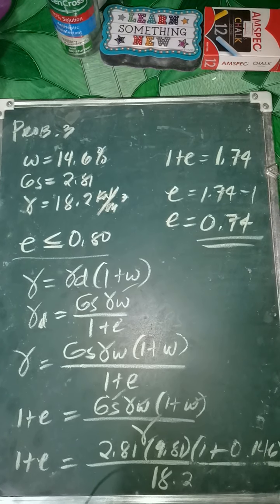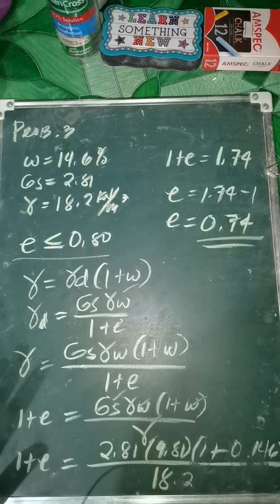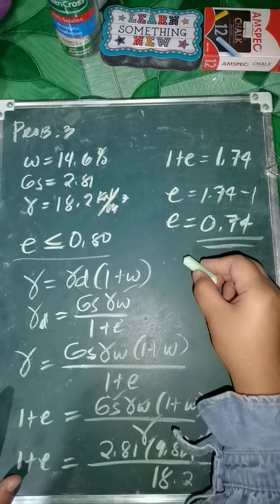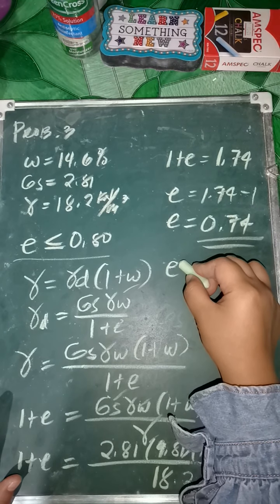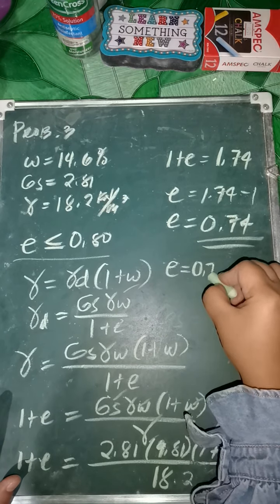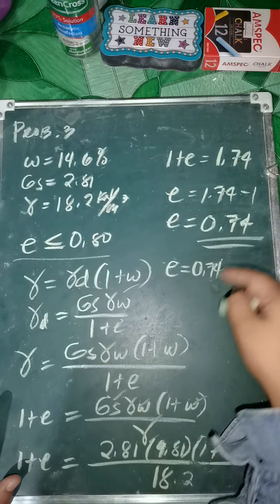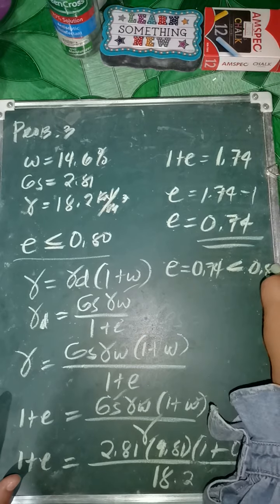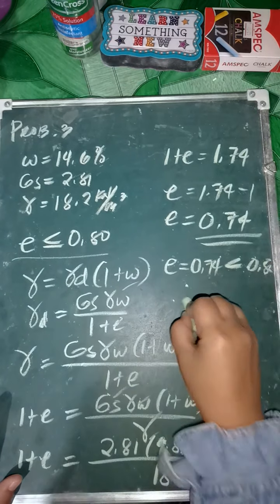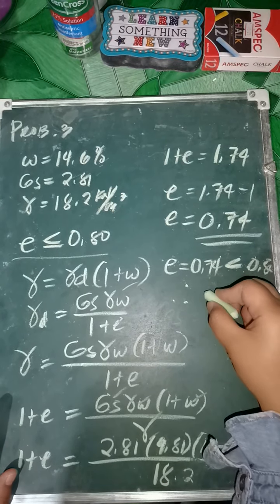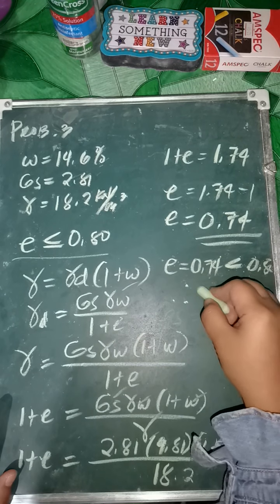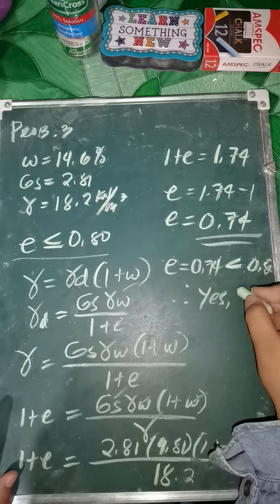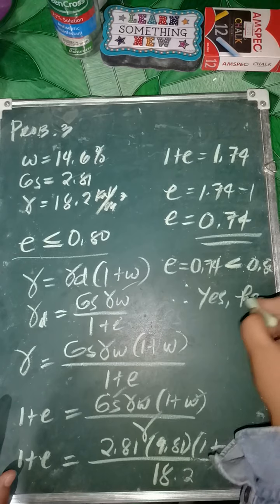So, the question is, has the contractor complied with the specifications? So, that's our E, that is equivalent to 0.74, which is lesser than 0.80. So, therefore, yes, the contractor has complied.